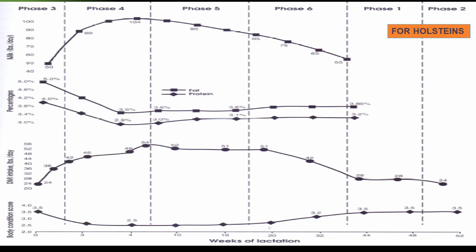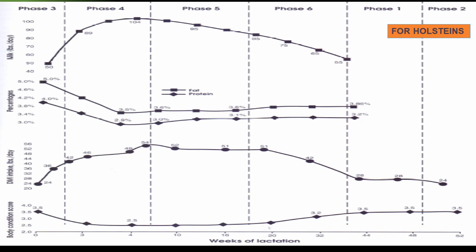Feed intake, however, decreases sharply before calving and cannot catch up with the milk production until 120 to 140 days after parturition, and the cow is in negative energy balance. From a nutrition standpoint, this is important because the diet during this period should be formulated to minimize the impact of negative energy balance on milk production.